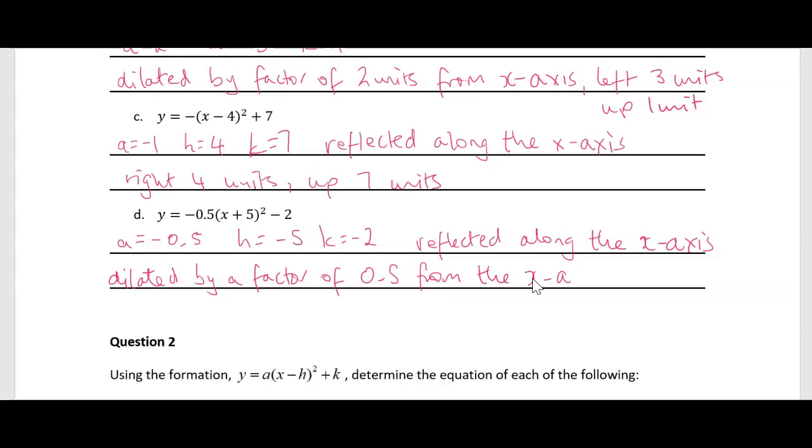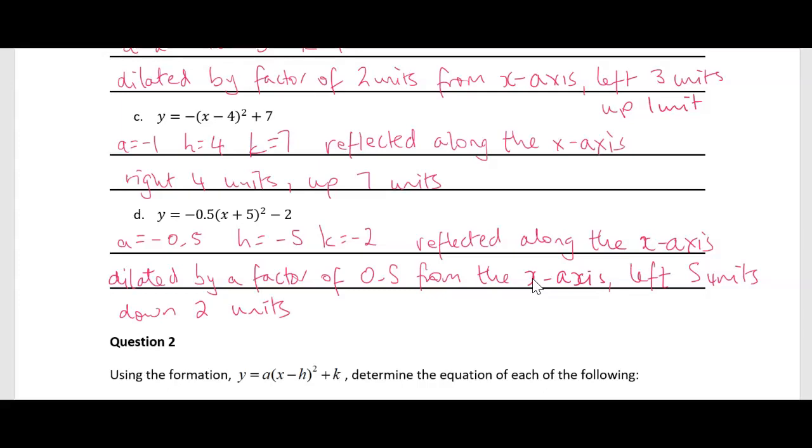Now it is important that you do say that it is from the x-axis, because as I said before, you can have a dilation from the y-axis and you can have a reflection along the y-axis. So make sure you put in that x-axis part. We've gone to the left 5 units, haven't left much space, and then we've gone down 2 units.